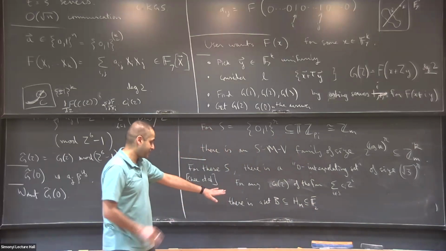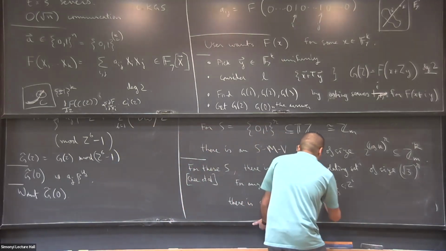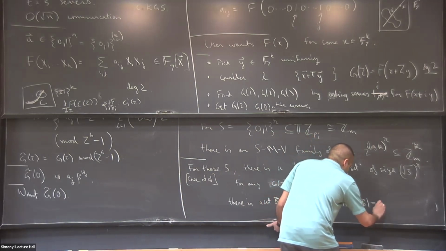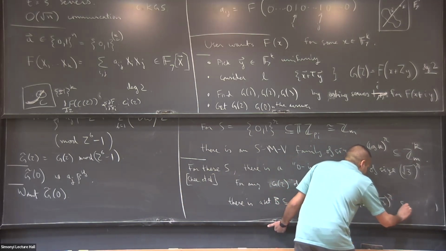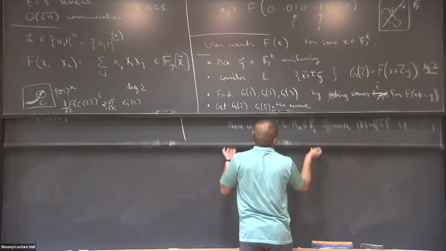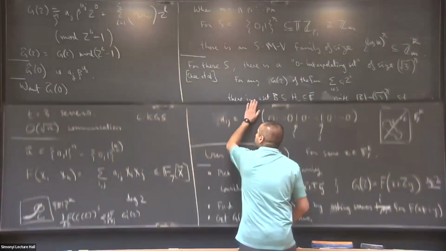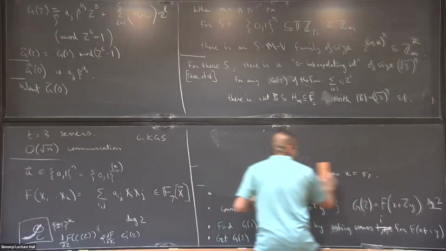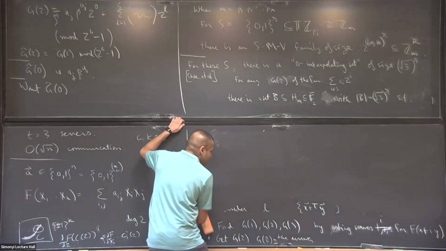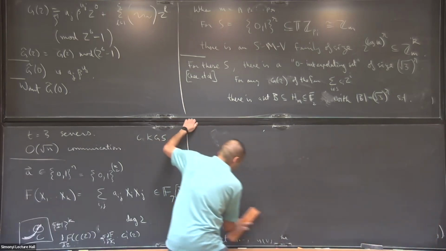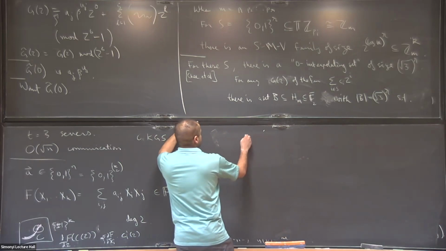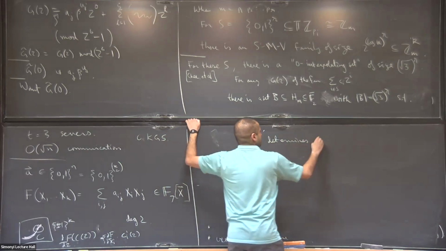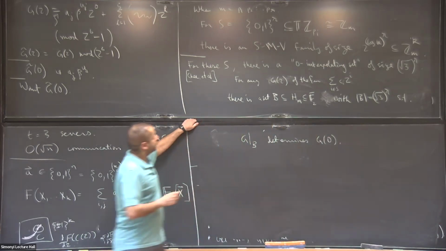So this is in some field of characteristic 2. There is a subset B of size square root 3 to the R, such that G of 0 can be recovered from values of G on B. G restricted to B determines G of 0.